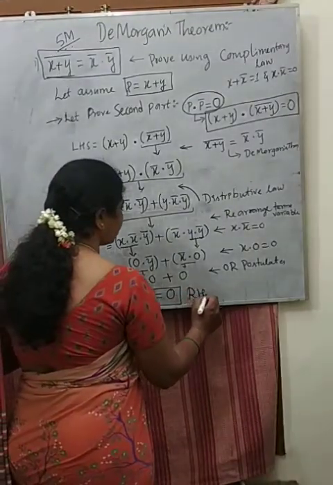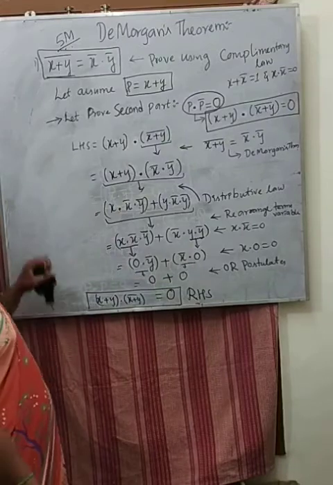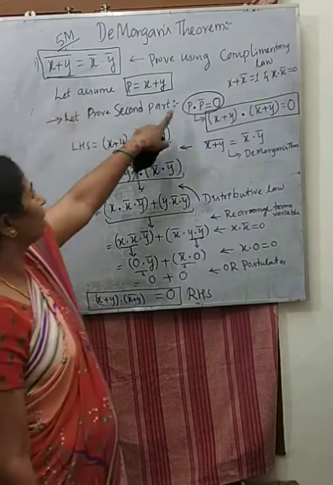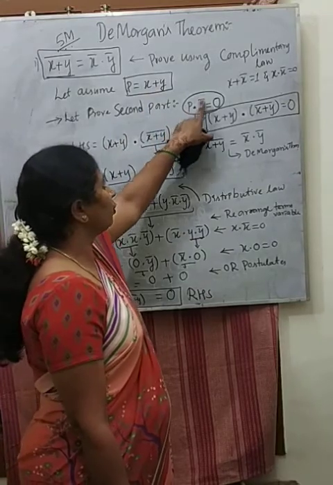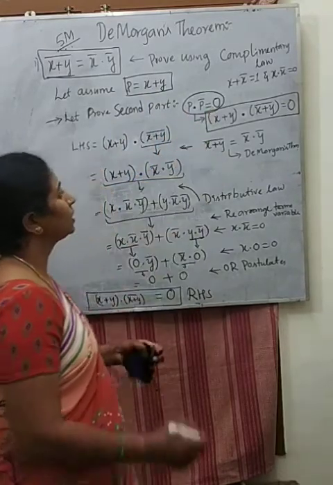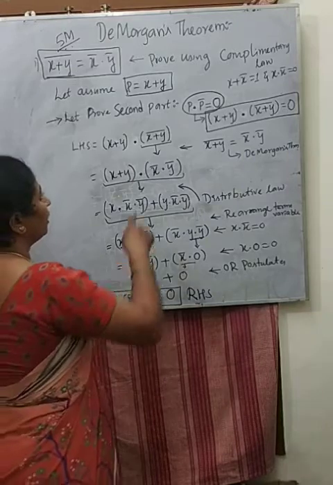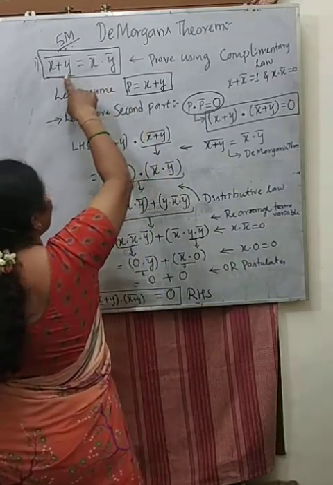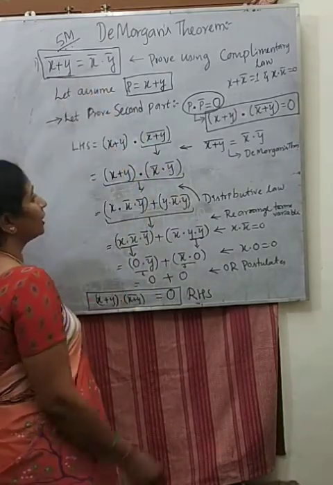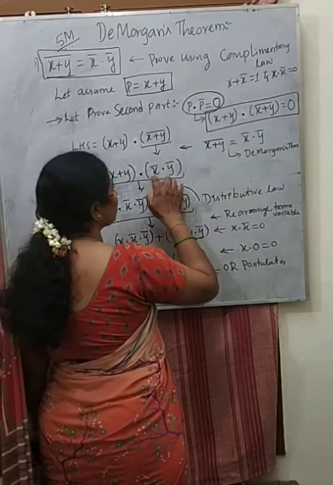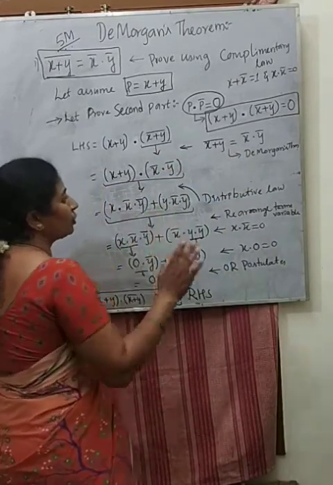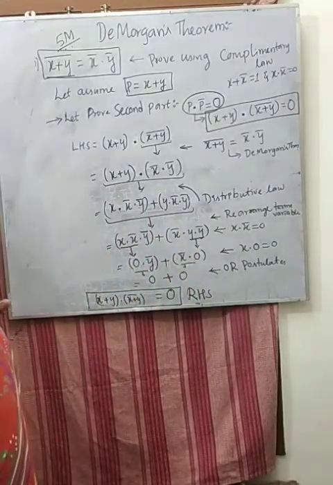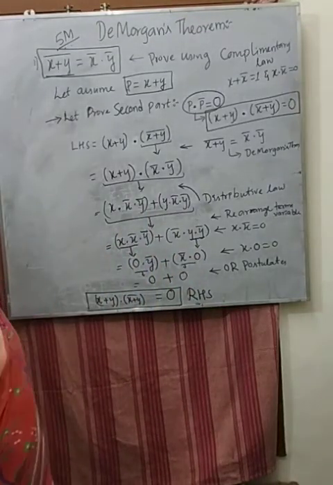Your RHS we got. So take a part. Assume P equal to x plus y. P into P complement can be written as 0. X plus y whole complement, according to De Morgan's theorem, can be replaced as x complement into y complement. Apply your distributive law.